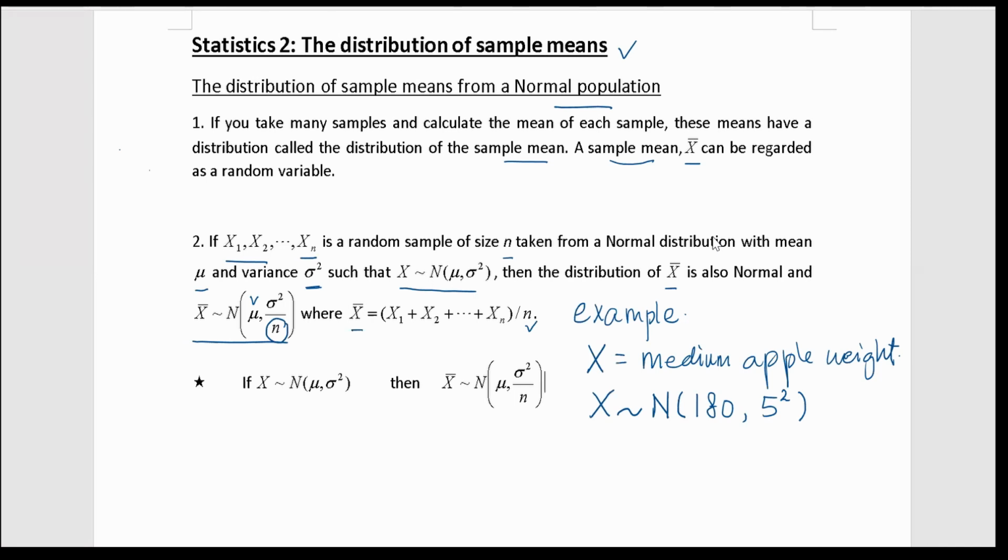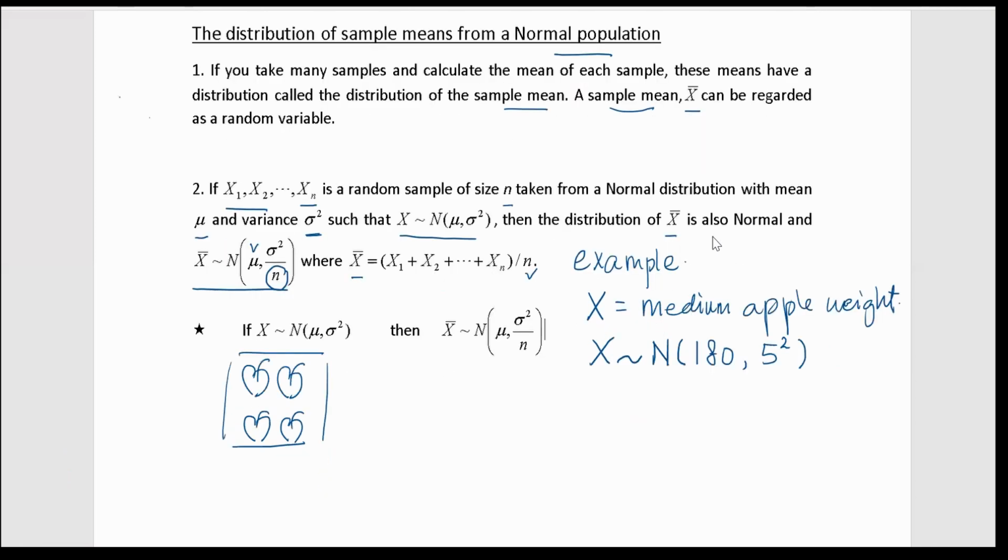All right. So now we take a sample of 4 medium-sized apples, we weigh them, and we try to look for the mean of these 4 apples.